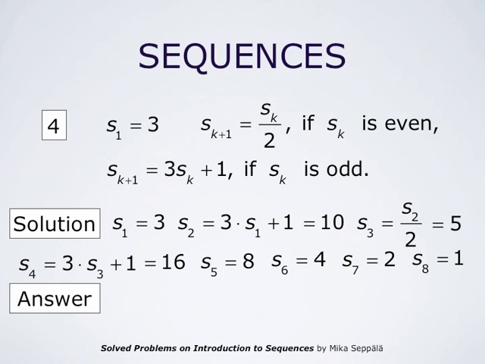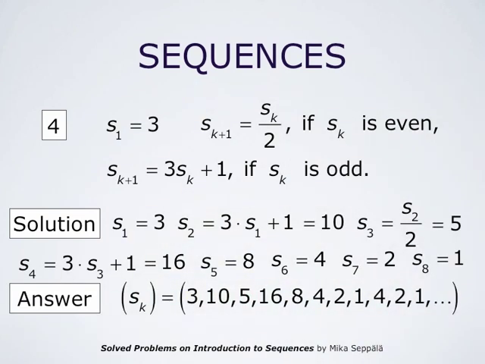And after that, the sequence continues in a periodic way, so we observe that the sequence s_k is 3, 10, 5, 16, 8, 4, 2, 1, and when we get to 1, then it repeats 4, 2, 1, 4, 2, 1 infinitely often. So this is the sequence s_k.